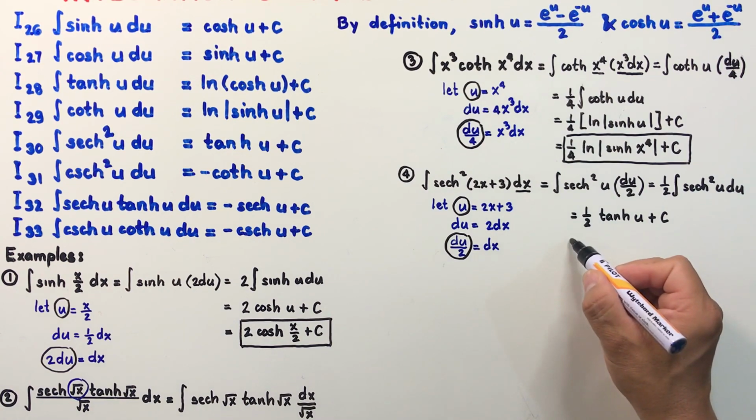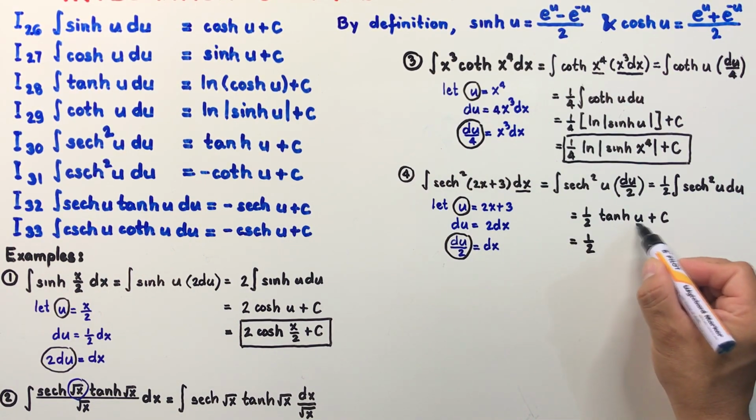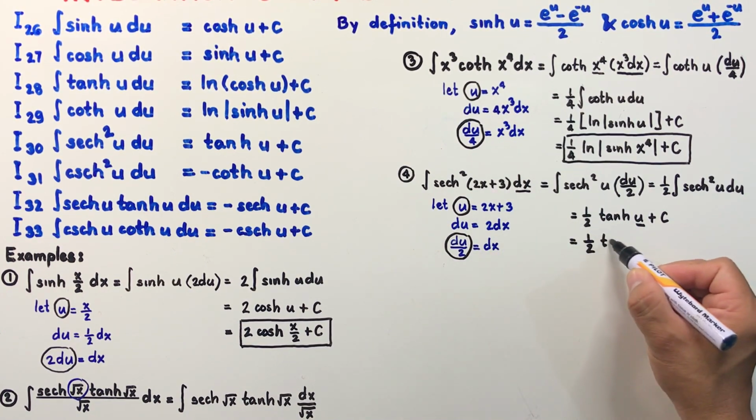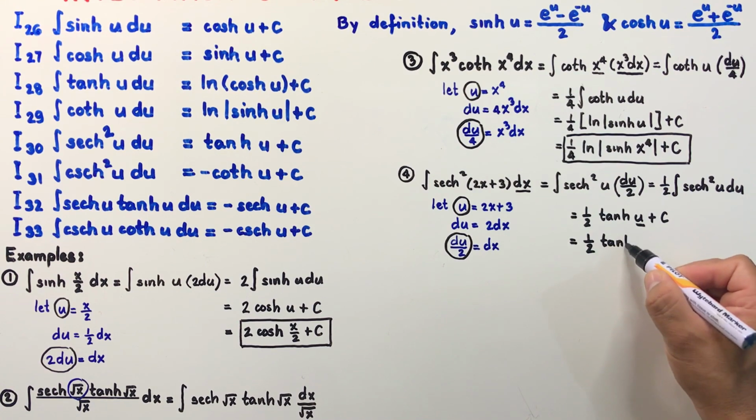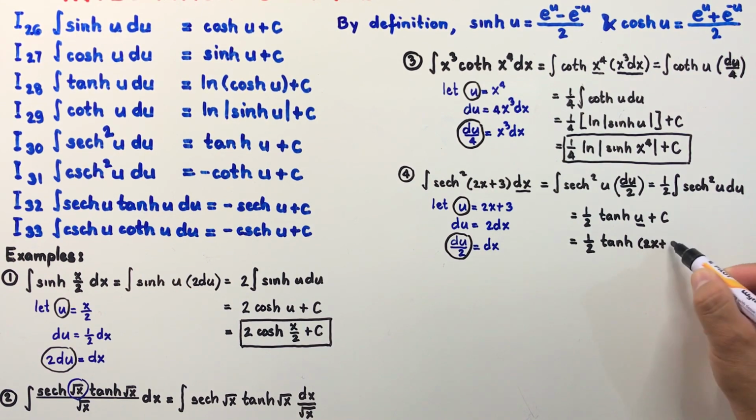So going back to our original variable u, which is equal to 2x plus 3, our answer is 1/2 of the hyperbolic tangent of 2x plus 3. And this is added to our constant of integration c.